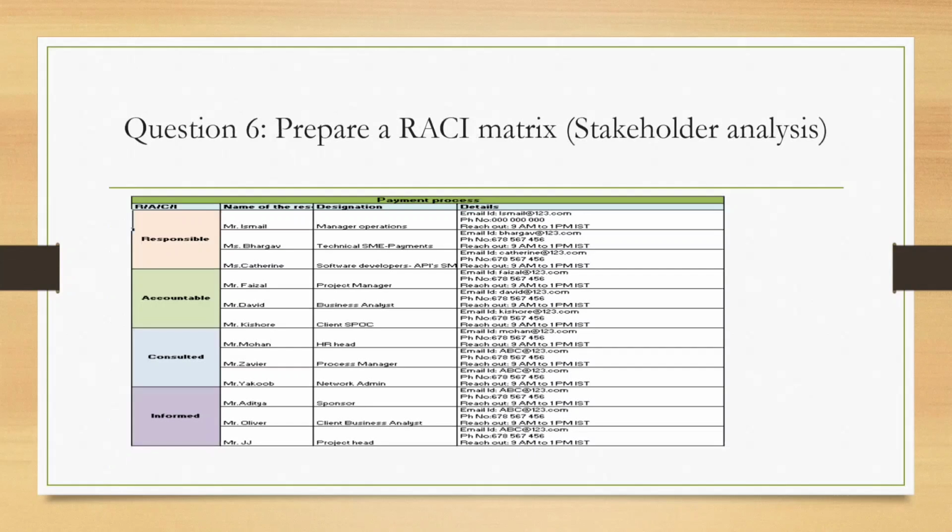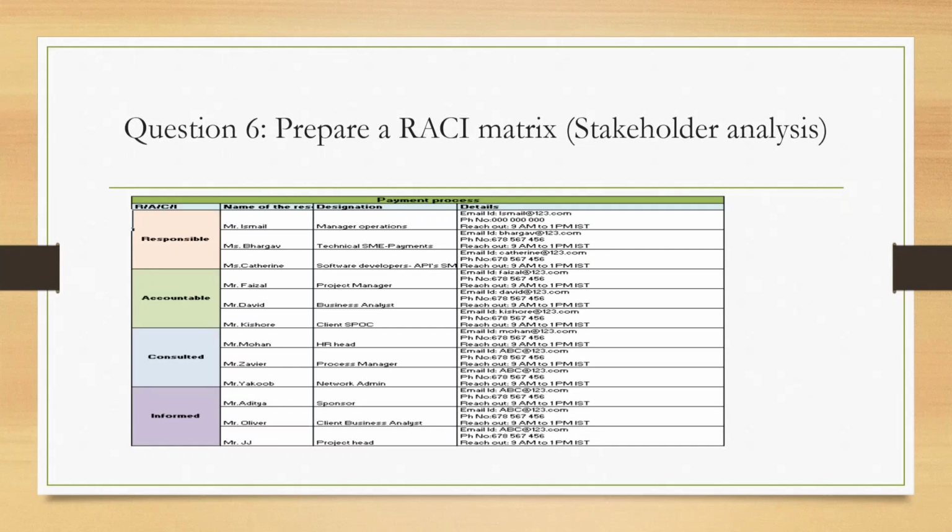And coming to the RACI matrix. The RACI matrix is about stakeholder analysis. Stakeholder analysis means whoever the stakeholders are in our project, we need to identify each and every stakeholder using the RACI matrix.